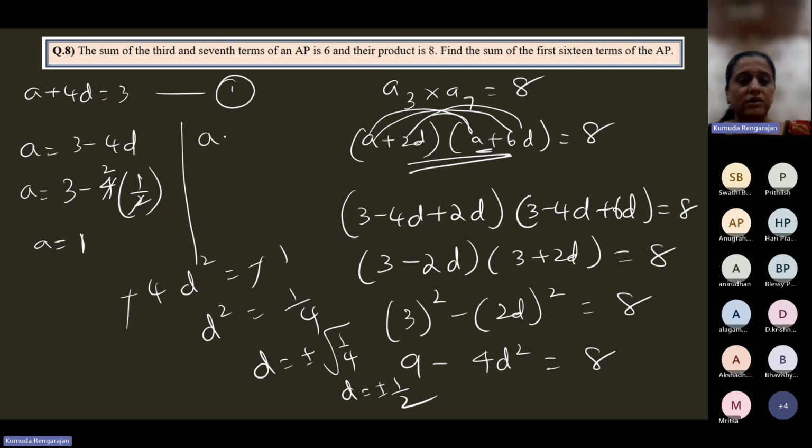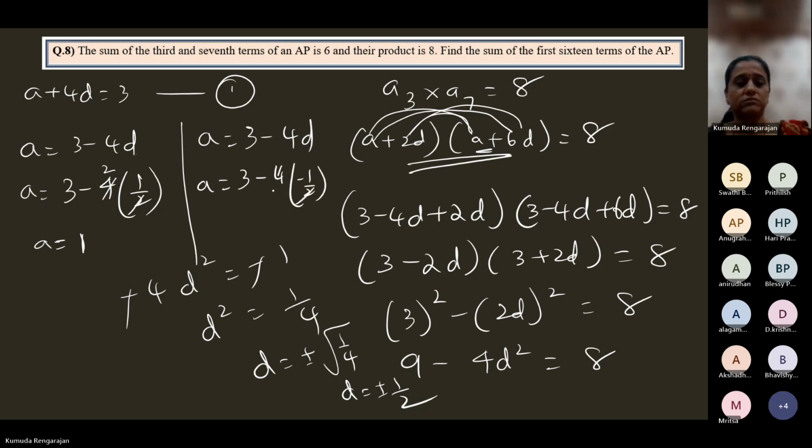And when D is minus 1 by 2, this becomes 3 plus 2, which is 5. The value of A is 5. So when D is 1 by 2, A is 1. When D is minus 1 by 2, A is 5.